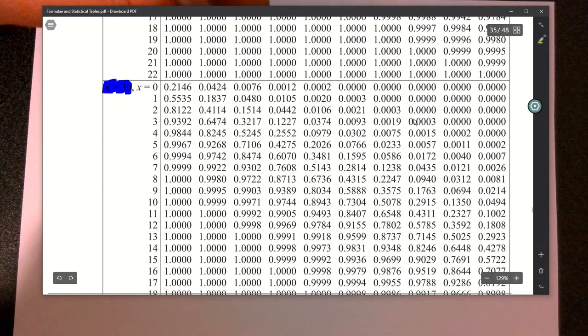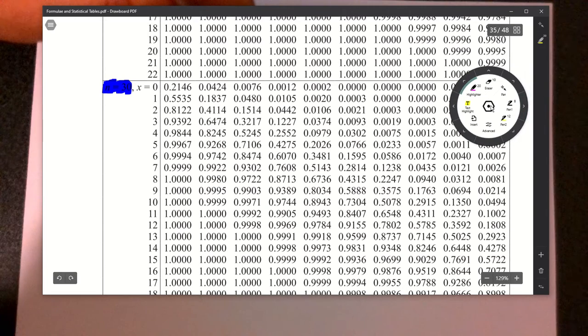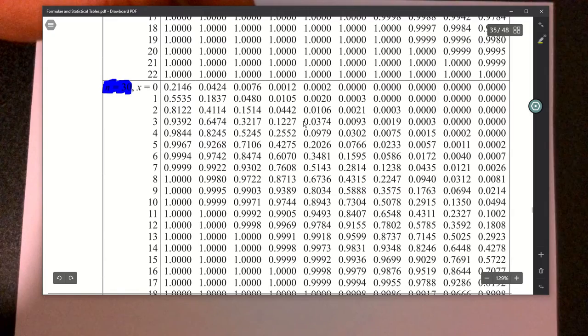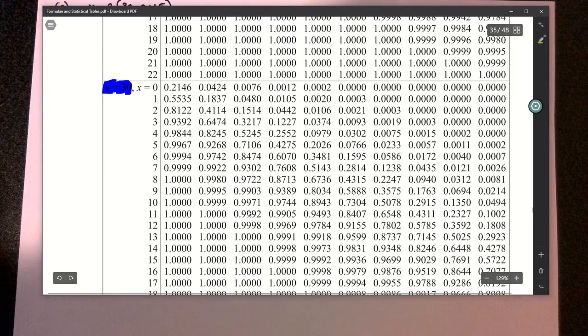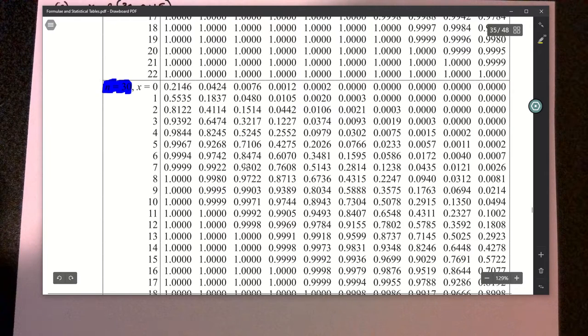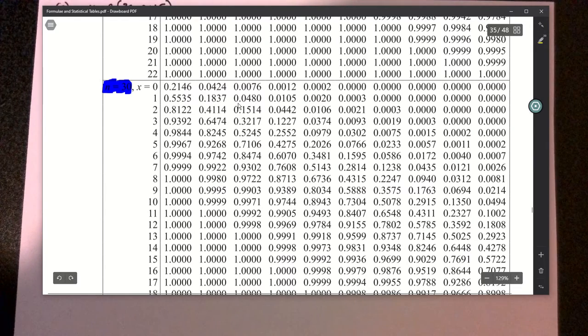Now, you'll notice over here, if I grab a different colour, for this condition, looking at this column here, where we have a value that's less than 0.05, that's over here at 0.0480, to an x value of 1.